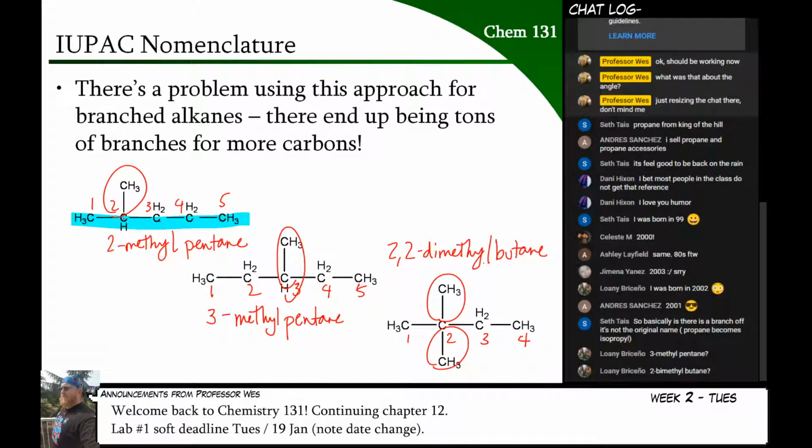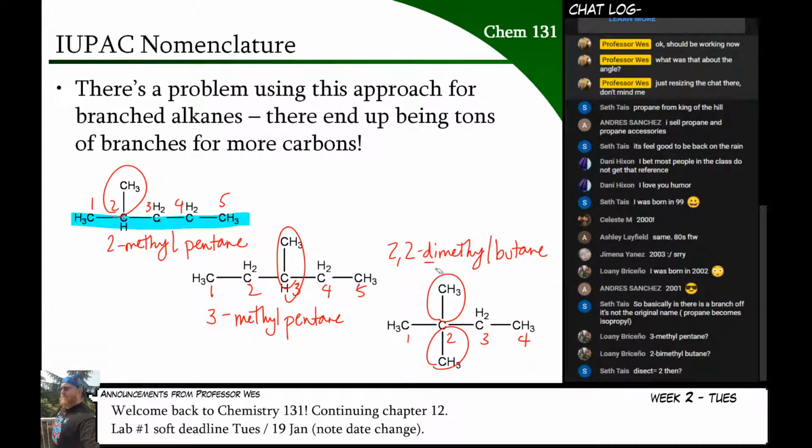So make sure you use di, D-I, instead of bi. Bi actually means half. Like when you bisect something, you cut it in half. When you dissect something, you cut it into 2.